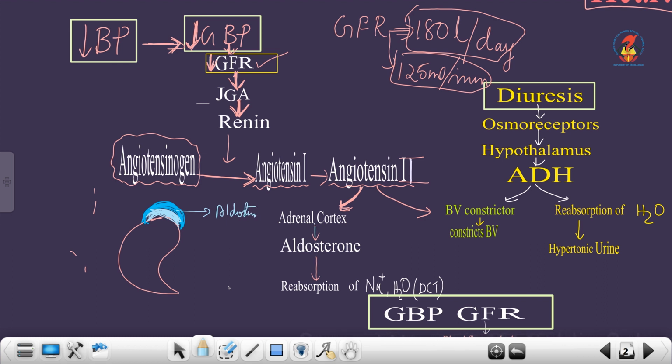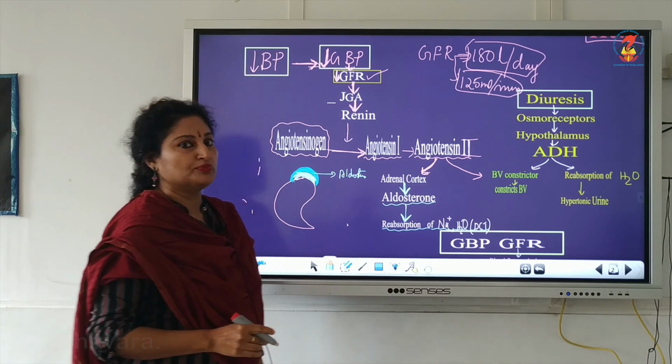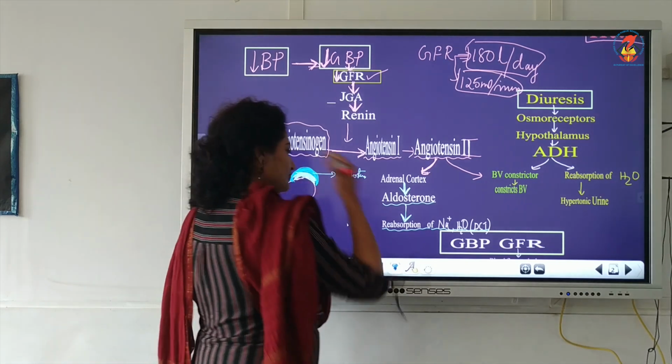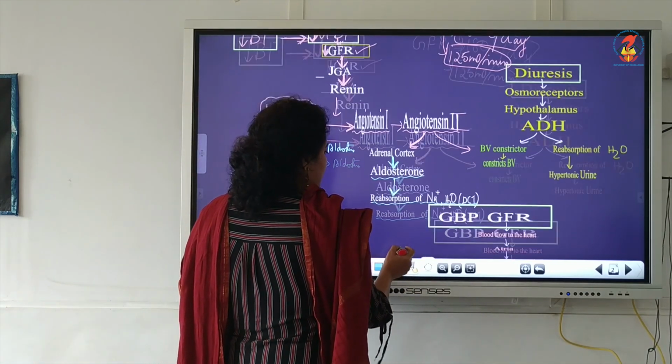So, what happens is this adrenal cortex is stimulated, and this adrenal cortex releases the hormone called aldosterone, and aldosterone will bring about what? Reabsorption of sodium and water from the DCT, from the distal convoluted tubule of the renal tubule of the nephron, and as a result what happens?